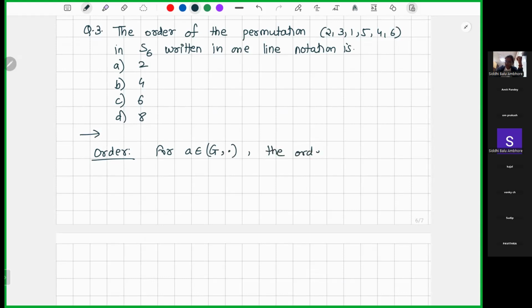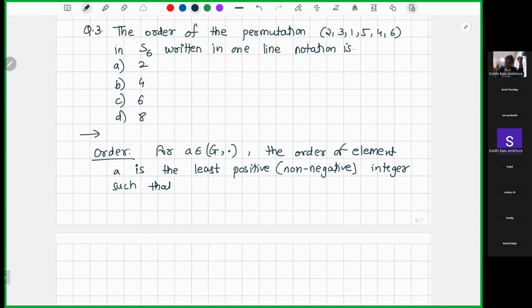The order of element A is the least positive integer n such that A power n is 1.